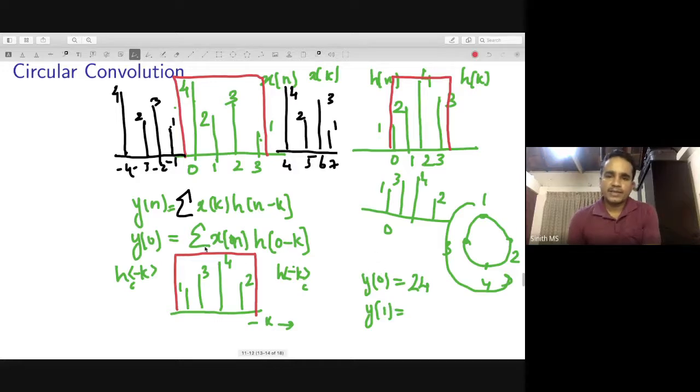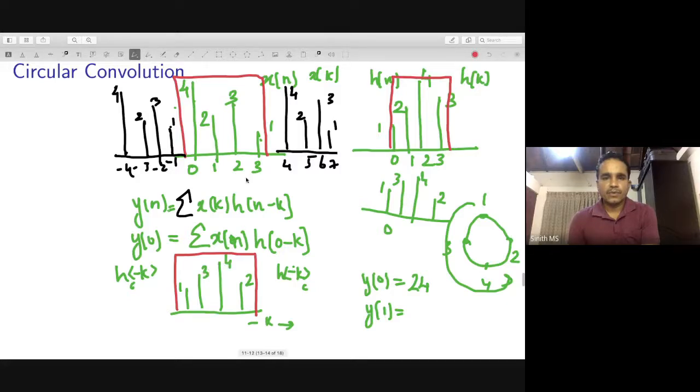So for y[1] you shift it by 1. This 2 comes here, and 1, 3 and 4 move this way. So 2 into 4, this 2 is multiplied with 4, 8. This 2 is multiplied with 1, 8 plus 2, 10. 3 and 3 are multiplied, so 10 plus 9, 19.